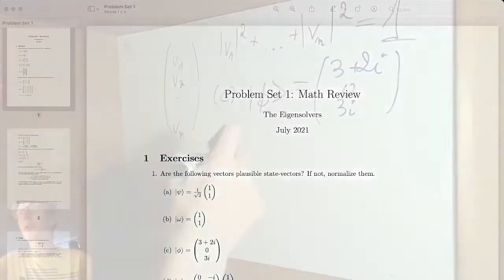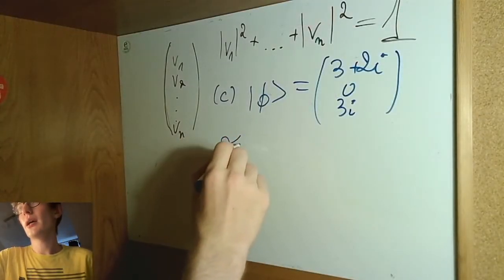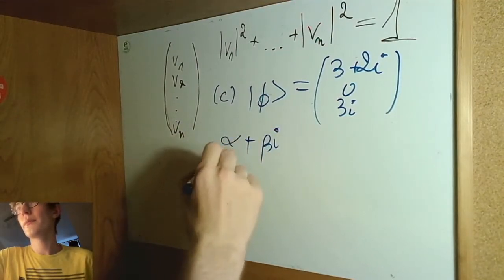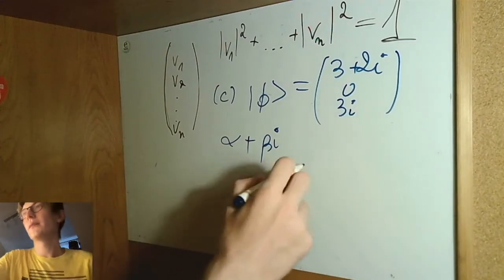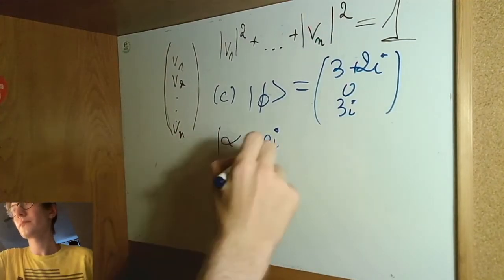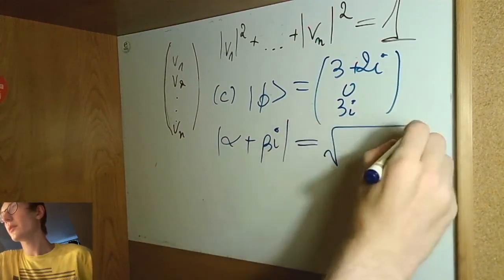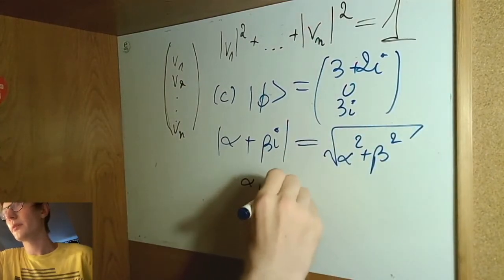As a reminder, if we have a complex number which has alpha and beta as its real and imaginary part, then the absolute value of such a number is the square root of alpha squared plus beta squared, where alpha and beta are real.